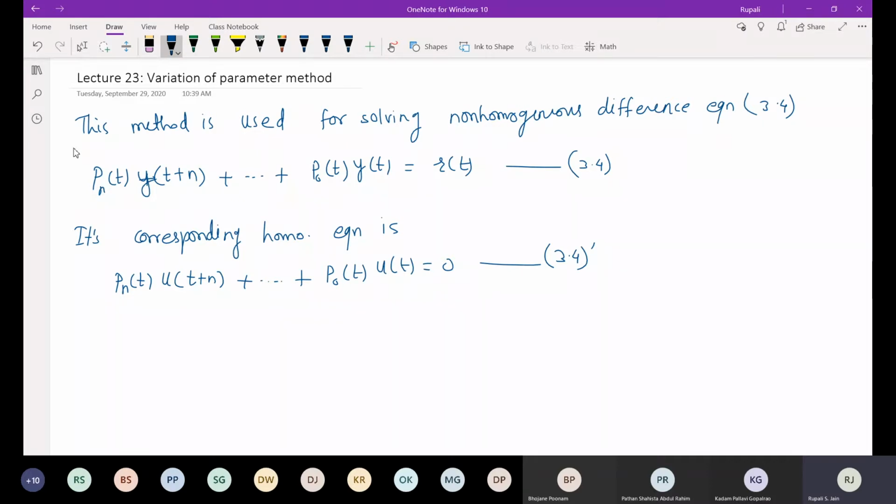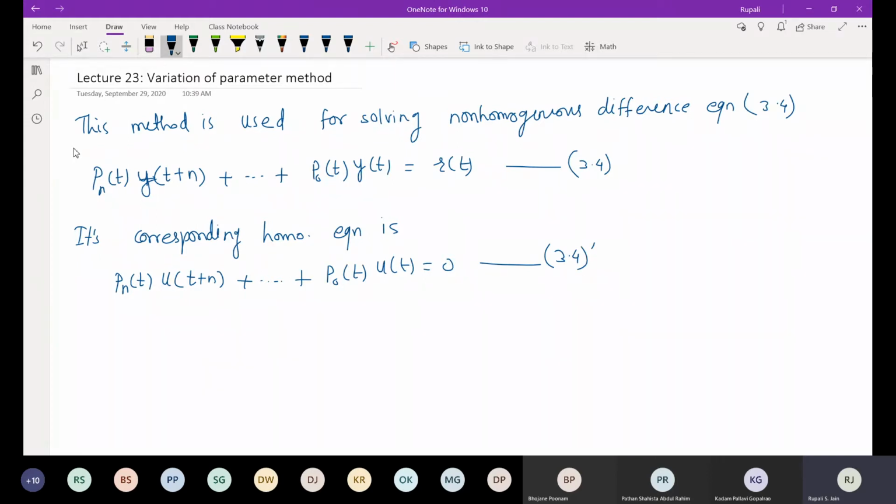Once we know these, we will assume that its solution y(t) is a linear combination a1(t) u1(t) plus a2(t) u2(t) plus a_n(t) u_n(t), in summation form. Then we will find the values of a1(t), a2(t), a_n(t), because u1, u2 we already know. By resubstituting in 3.4, we can find a1(t), a2(t), and a_n(t).